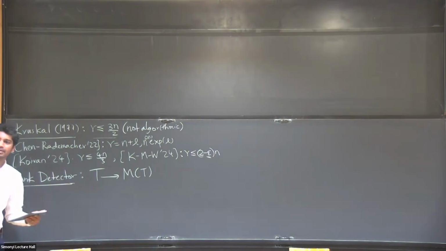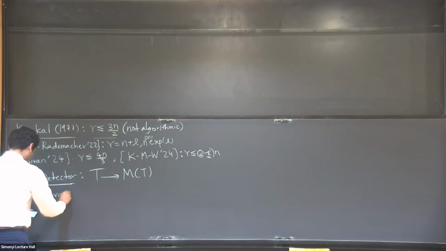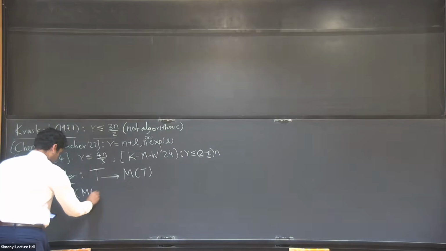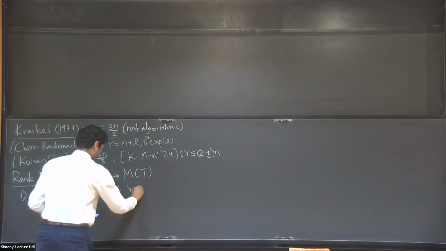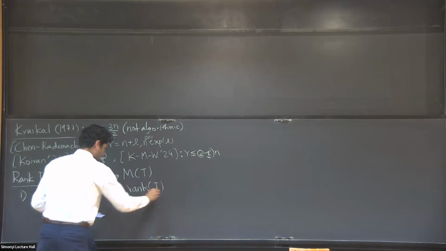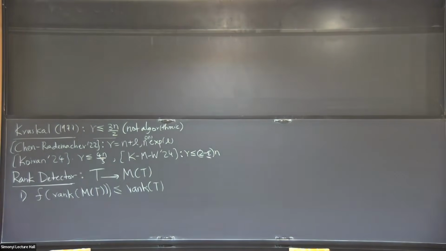So let's say, I transform a tensor to a matrix with the property that there is some f such that, some function, like, this f is given to you. F of rank of M of T is always a lower bound on rank of T. This has to be true for every tensor.